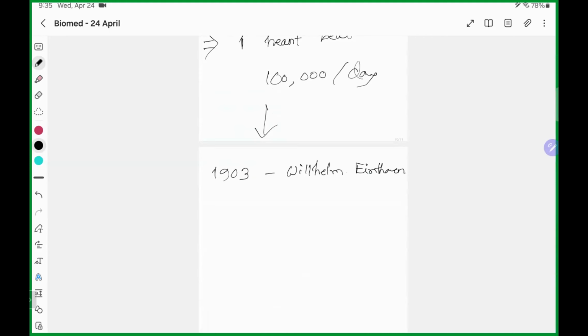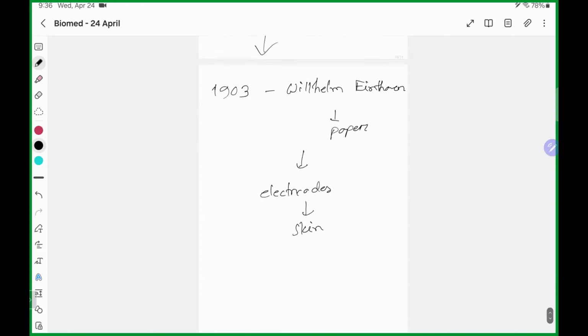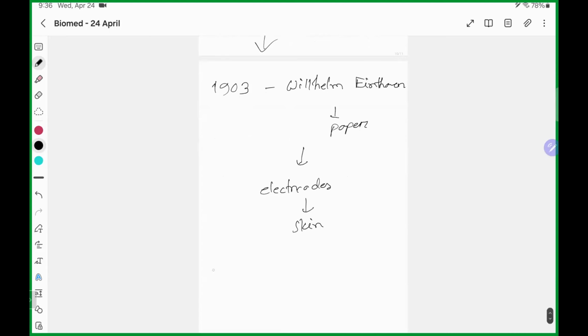He recorded these readings on paper. Now, how do we record this process? It is recorded using electrodes placed on the skin of your body. During this process, the depolarization and repolarization create a potential difference.